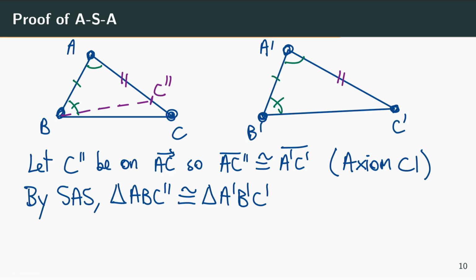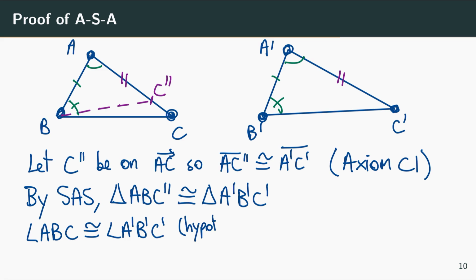Okay, so that dotted triangle is congruent to A prime, B prime, C prime. Which means that we now have two angles here that are the same. The angle ABC, that's the angle in our original triangle at B, by hypothesis is congruent to angle A prime, B prime, C prime.